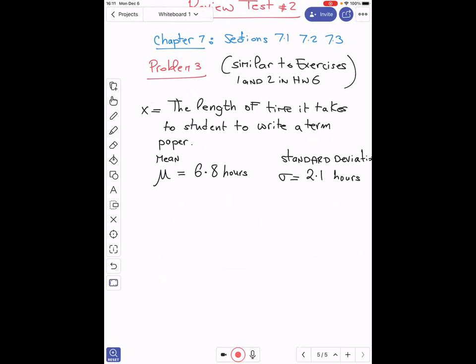All right, so first question. What's the probability that it takes less than 6 hours for a student to write a term paper?